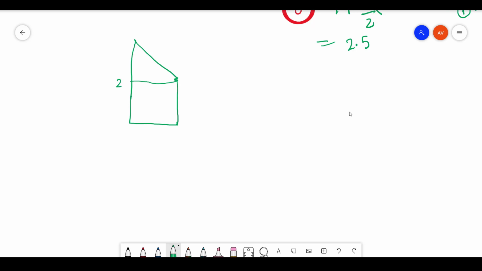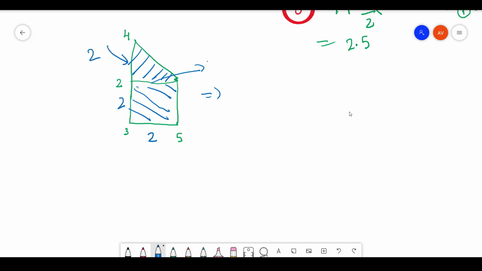Now let's go ahead. The next one is going to be like this. Here it is varying from 2 to 4 and this is varying from 3 to 5. What we have to find is the area of this square plus the area of this triangle. The height is 2 and the base is again 2.